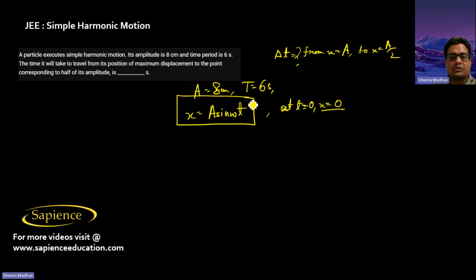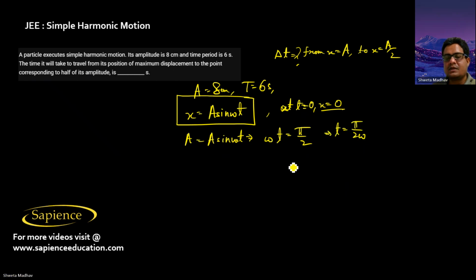Then x will be equal to a at the time x equal to a sine omega t. So it means that omega t should be equal to pi by 2, since sine pi by 2 is equal to 1. So t will be equal to pi by 2 omega.